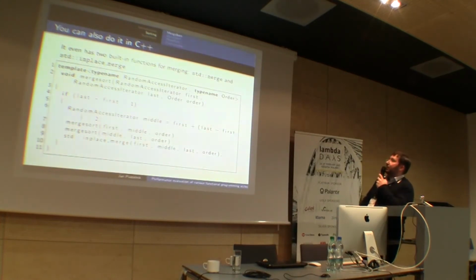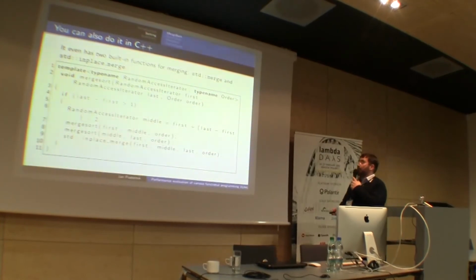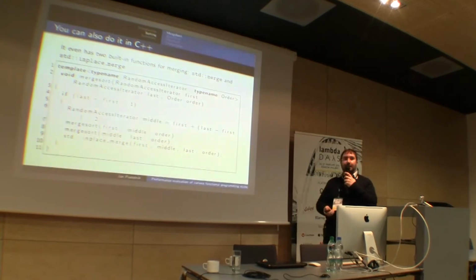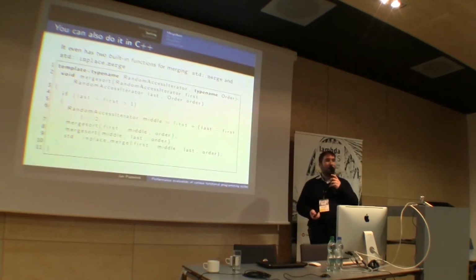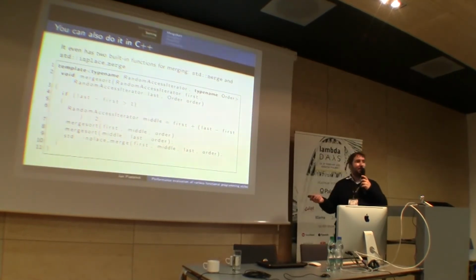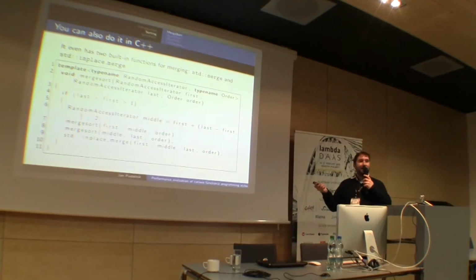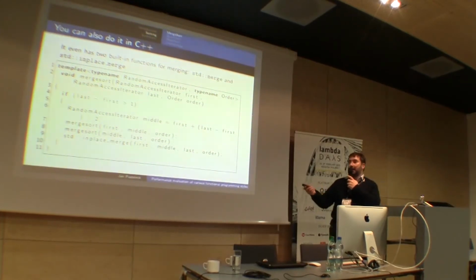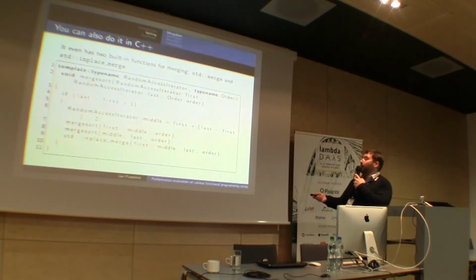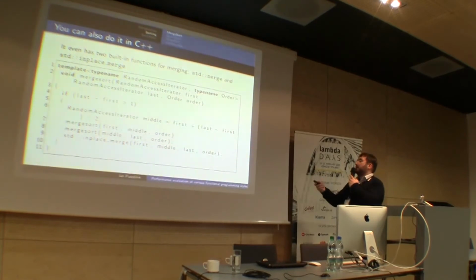You can do it also in C++, and this is actually a nice one, because in C++ we have a standard library to talk of. This standard library makes our lives easy. So I have in-place merge, I have standard merge, whatever you want. Of course, I'm implementing this in terms of type classes.